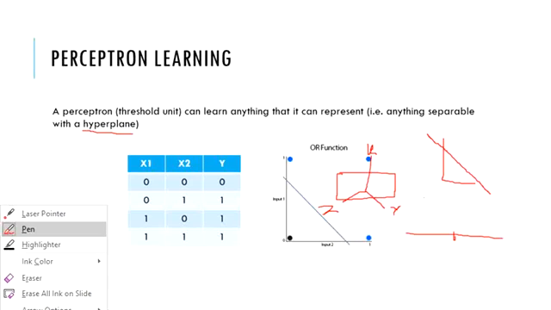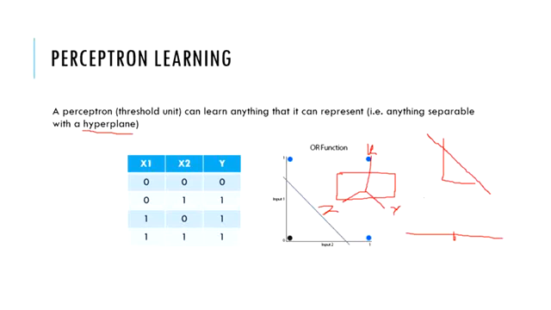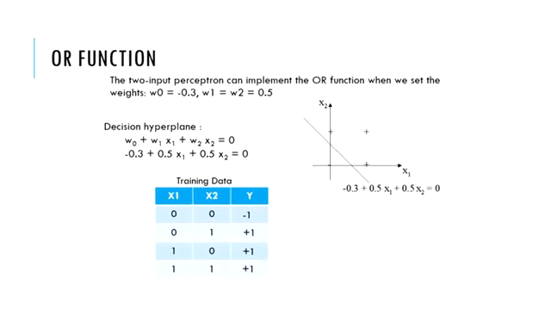Let me remove some of the content over here so we can see more easily. What the OR function does is take both of these inputs and split them. It takes the feature space and splits it into two parts based on the inputs we receive.